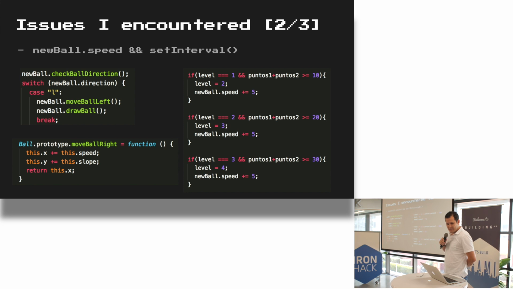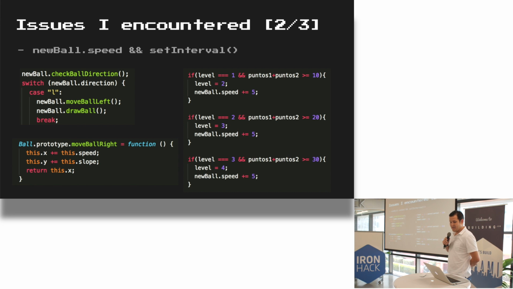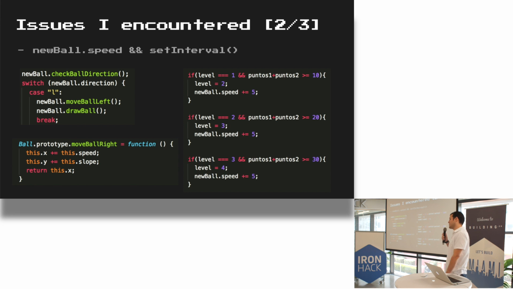Another issue was with the speed of the ball. The speed of the ball is how I set the difficulty of the game, and it's also related to the set interval. Everything related with the set interval was an issue. I had to do an if inside of the function that was running with the set interval, so I could check if I was at a certain level.